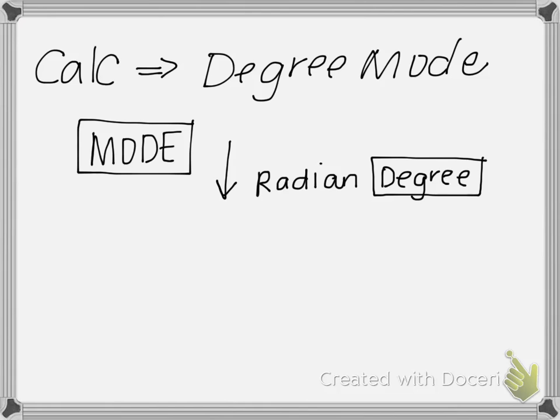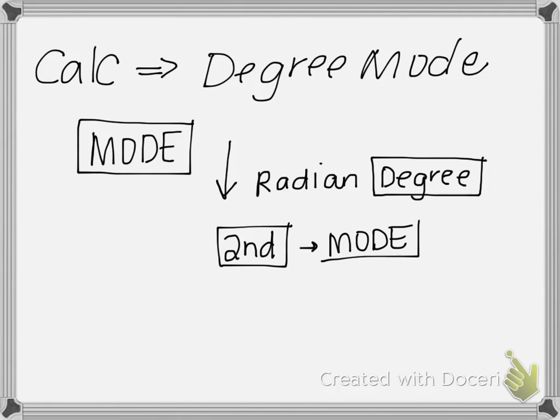And now this means that your calculator is going to do everything in degree mode, because we're only working with degrees. Then after that you can hit second mode, which will quit that menu. This will make sure that all your answers are correct.